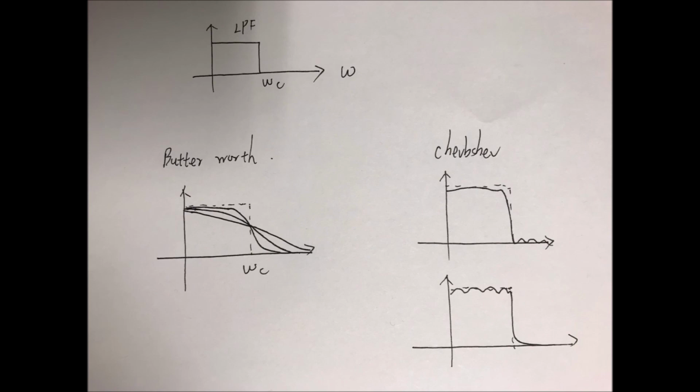If you really want a smaller transition area, but you don't care about a flat response in the pass or stop band, we have some other choices. For example, the Chebyshev filter, I'm not sure about my spelling, is something like this.